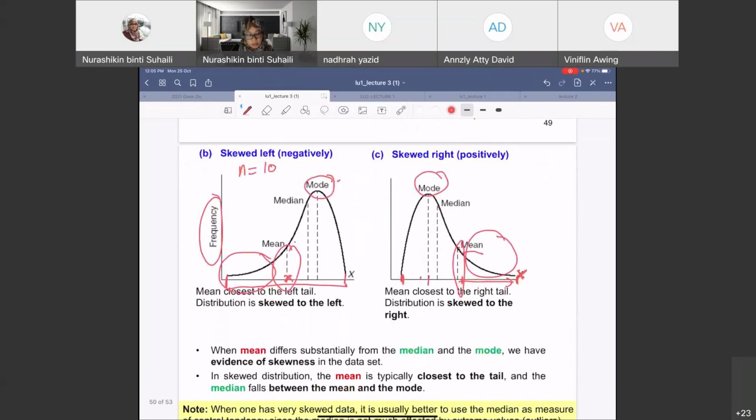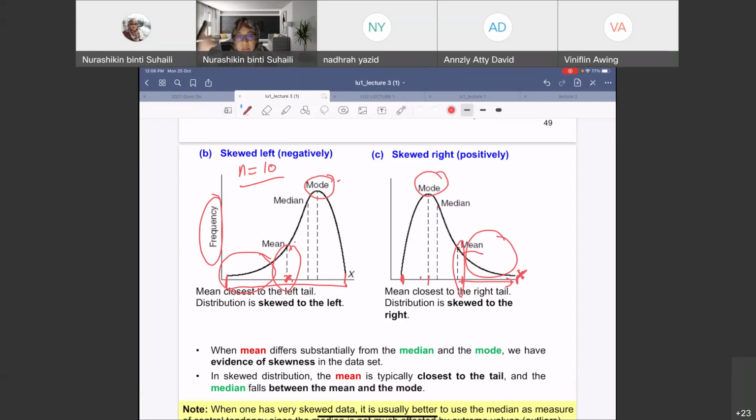So you would see this kind of thing more often when the n is small. In statistics, when we define n, some people say 30, some have a different definition, but when it is more than 30, it will tend to follow the normal distribution.